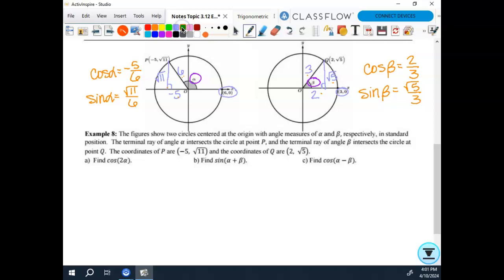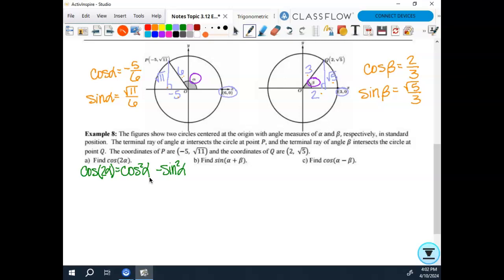Okie dokie. So here, I want the cosine of 2 alpha, okay? No need to get fancy. The one that probably sticks in your head the best is that cosine of 2 alpha is equal to cosine squared alpha minus sine squared alpha. Sorry, I didn't need those parentheses, but it threw me off. Parentheses are fine there. Sometimes it's a bit much. Okay.